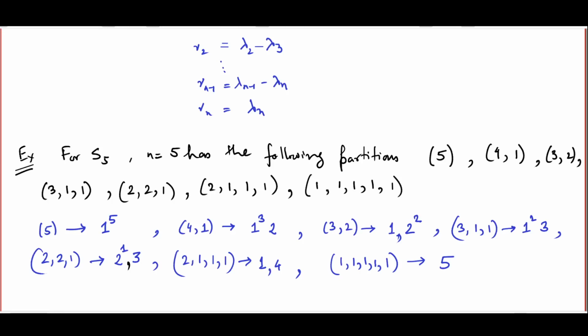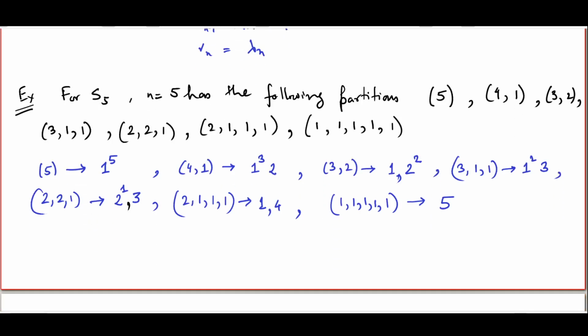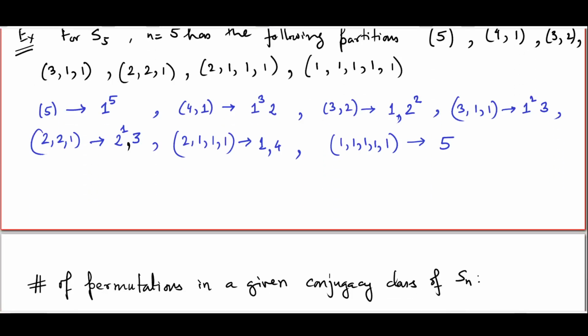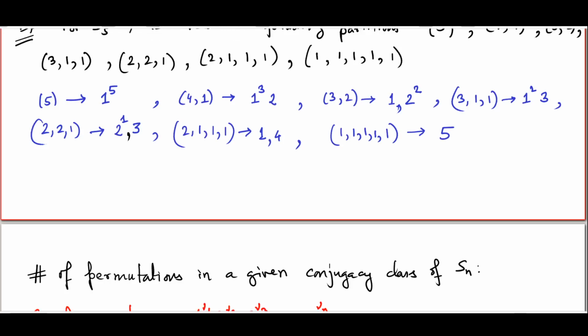As you all are aware, the number of elements in a given conjugacy class of a group is a very important quantity, especially in the theory of representations. And if you ask the question, how many distinct permutations are there in a given conjugacy class of Sn? The answer to that is easy to arrive at in terms of the cycle structure corresponding to that conjugacy class.